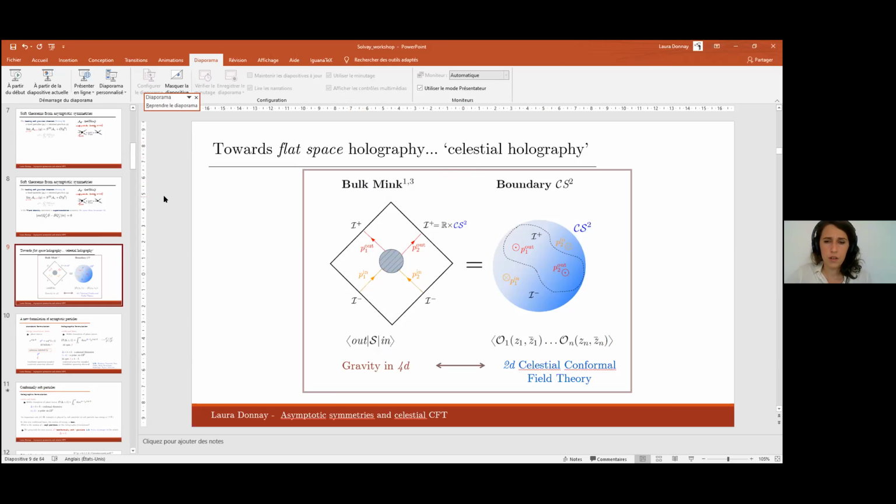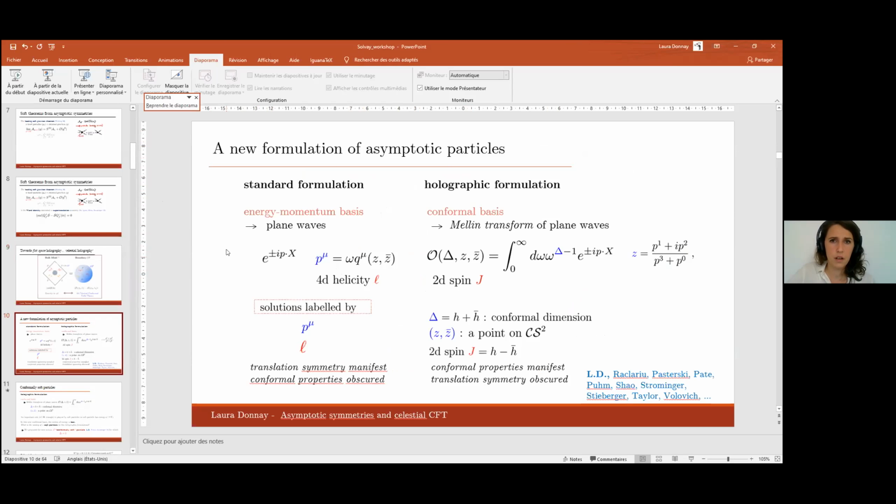I'm not quite sure I understand what you mean. So you show the transformation from the plane wave here. So this is really a plane wave, not a point-like particle. If you want to do that, you should consider a localized Gaussian wave packet, for example.